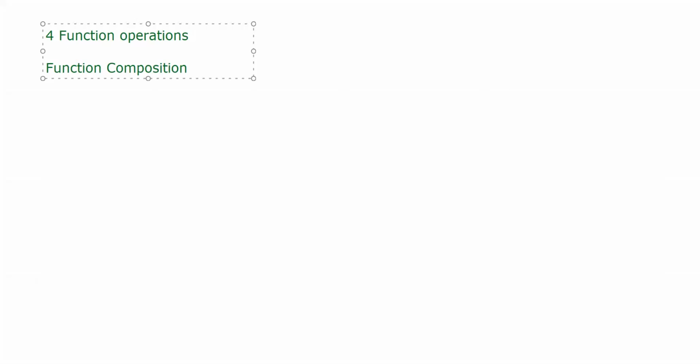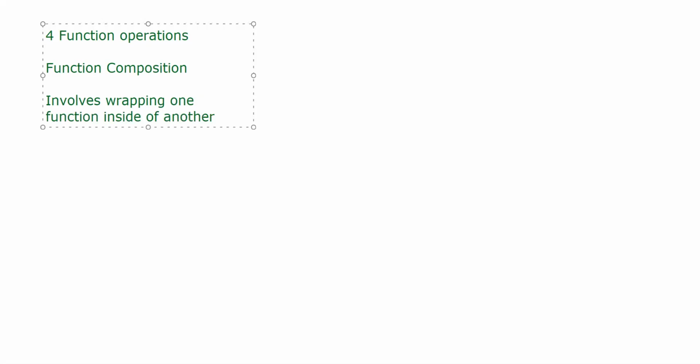Function composition. This is likely something that you have worked with before. And this involves wrapping one function inside of another. So our vernacular for it is going to be F composed.